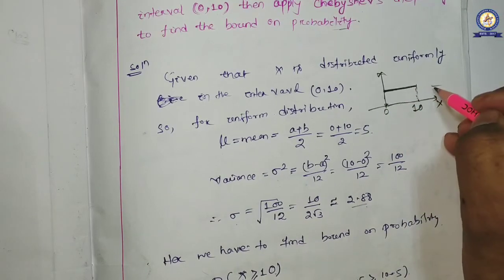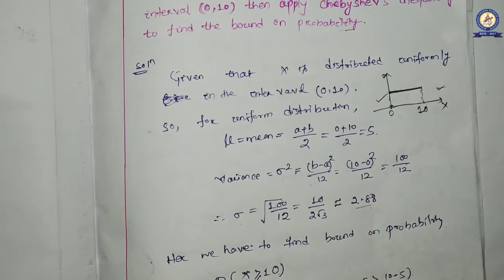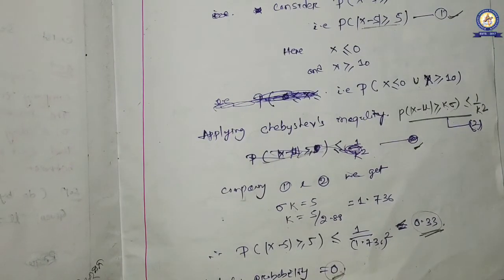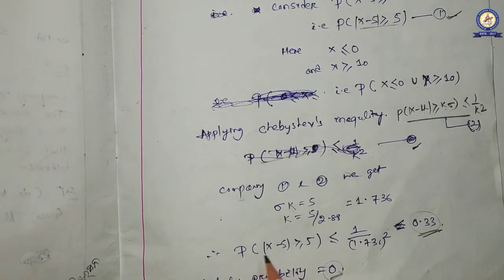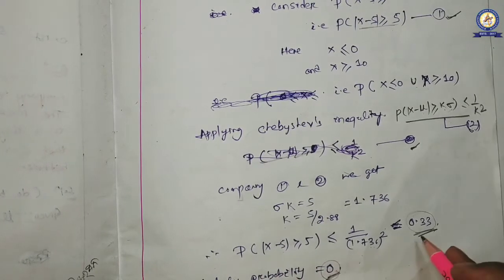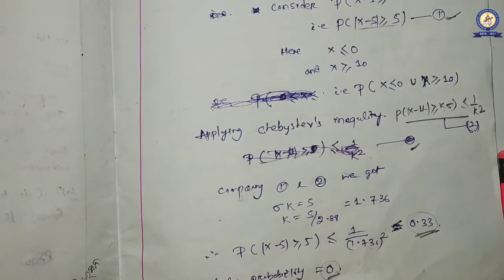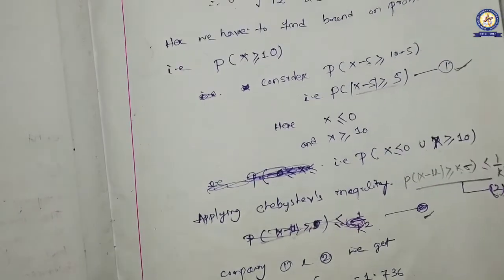So if I find the probability in these ranges, it will be 0. So the actual probability is 0, and by applying Chebyshev's inequality we found that it is less than 0.33, which is the approximate value of the bound.